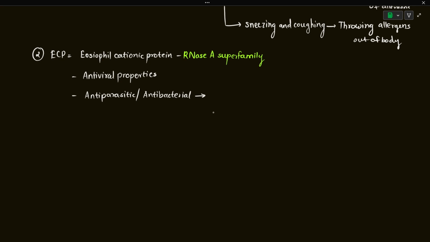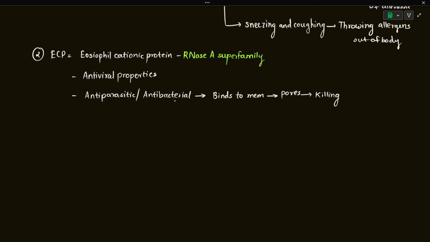The ECP binds to the membrane of the parasites or bacteria, and the binding of ECP to those membranes will create pores in the membrane, and that will end up killing the pathogen. So that is why the ECP, eosinophil cationic protein, also has antiparasitic and antibacterial properties.